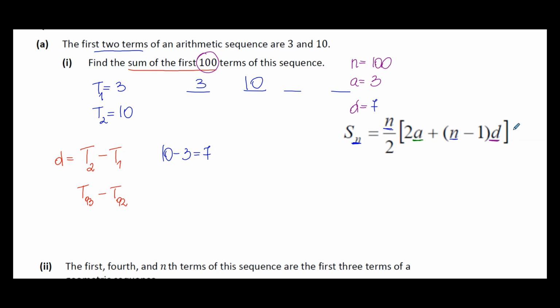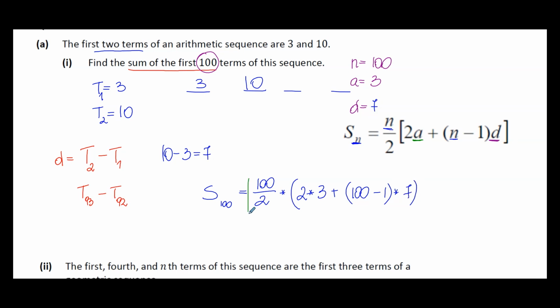And all we do, we replace the letters with numbers. So N is 100. So that is saying I am finding the sum of the first 100 terms. That's all what it means. N means how many terms I'm adding, divided by 2, multiplied by 2 times A, which is the first term, 3, plus bracket, and again, number of terms, 100 minus 1, close bracket, and multiply by the common difference, which we did find is 7.